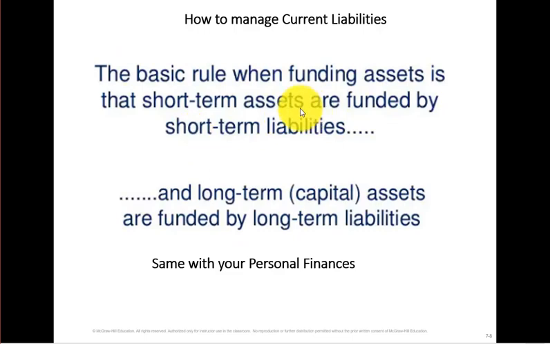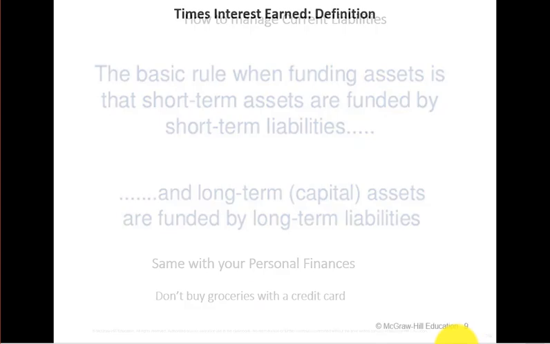Some people do that, but you wouldn't want to, because you're taking a short-lived asset like food, which is going to last 30 days, 10 days, a week, whatever, and putting it on a credit card that could be paid off over a year. You don't want to do that. That's crazy. Same with personal, don't buy groceries with a credit card. Same as what I just said.